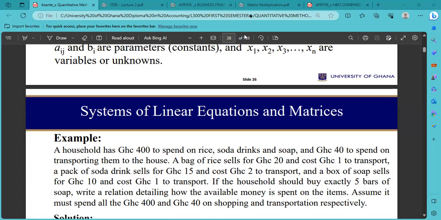So I always say that the first thing we have to do is to write our resource. Resource is denoted by B.